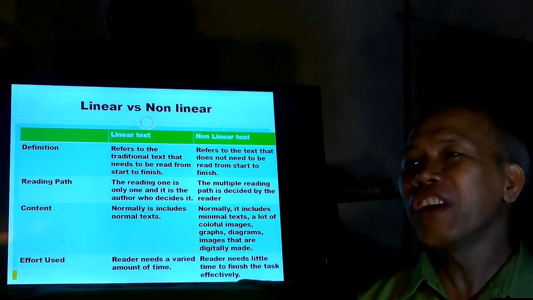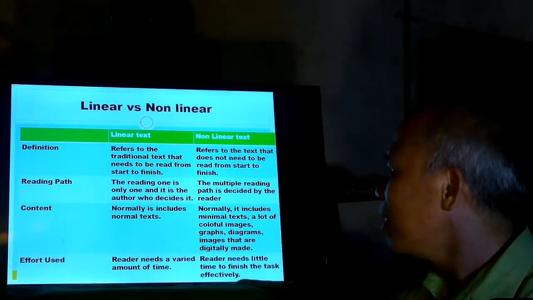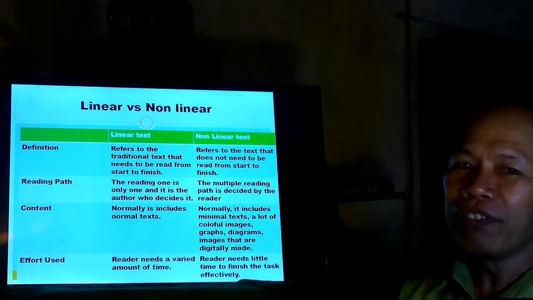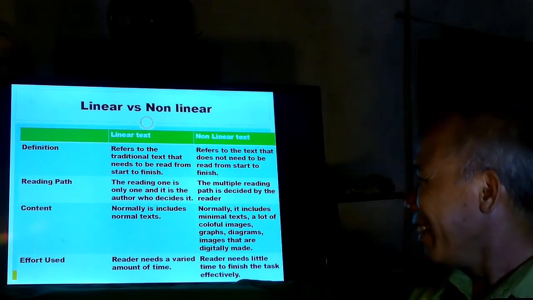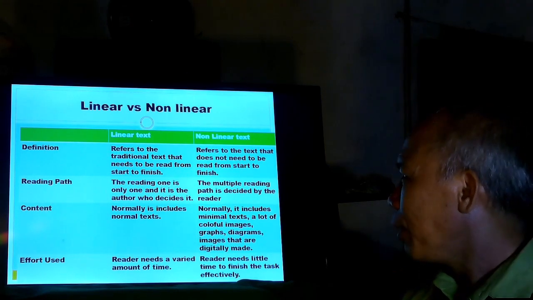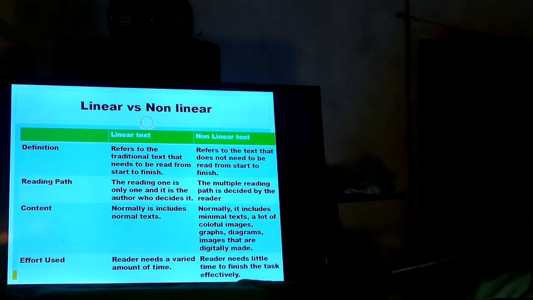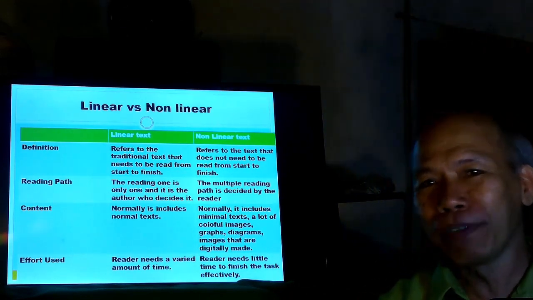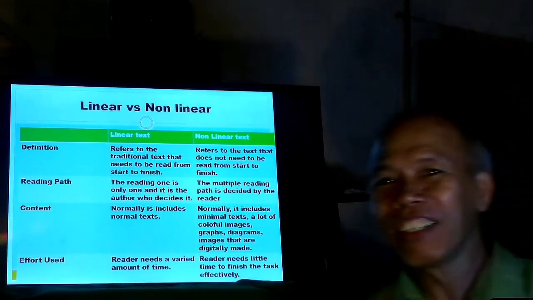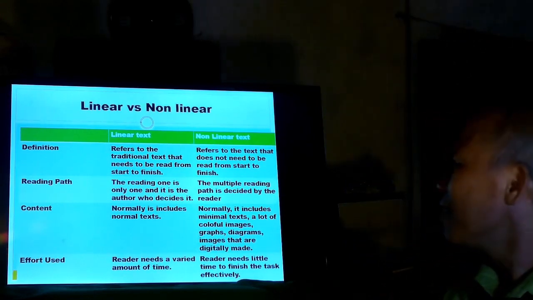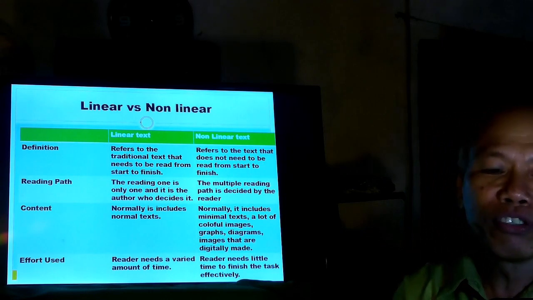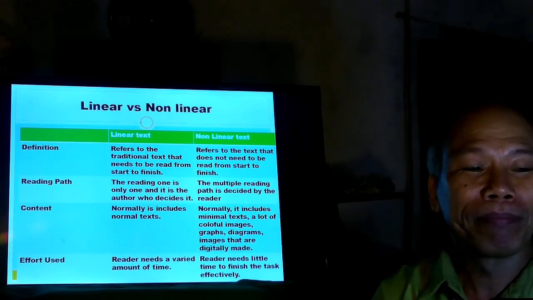And to differentiate linear versus nonlinear, you can read first the definition. Linear text refers to the traditional text that needs to be read from start to finish. Nonlinear text refers to the text that does not need to be read from start to finish.